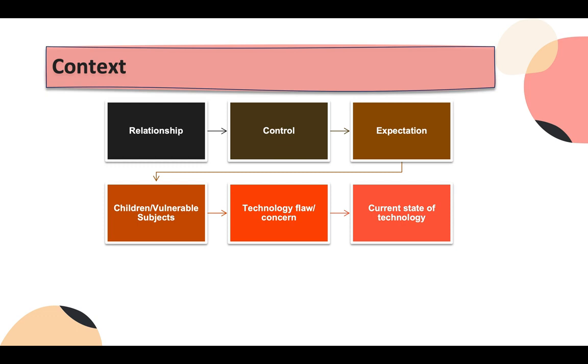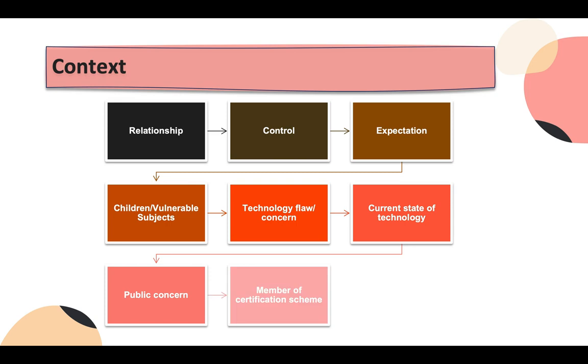Is it advanced or not, etc.? Are there any ongoing issues of public concern that must be reported? Are you a member of any approved code of conduct or certification scheme? In case any of them have been approved, and that would be your third part.